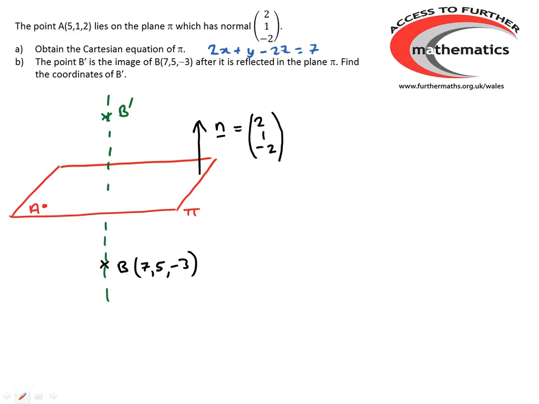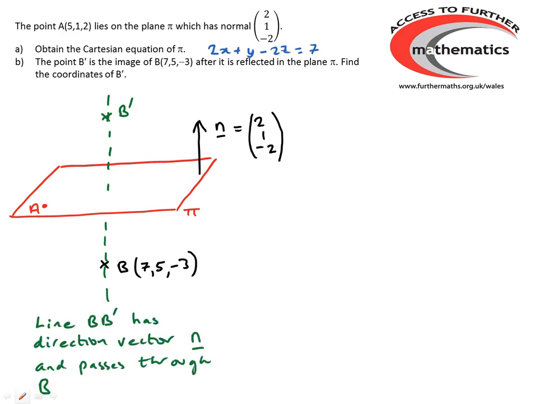Now that means that we know a lot about the line joining B to B'. We know that the line B to B' has a direction vector which is parallel to the normal. In other words, we can use the normal as a direction vector for the line B to B'.